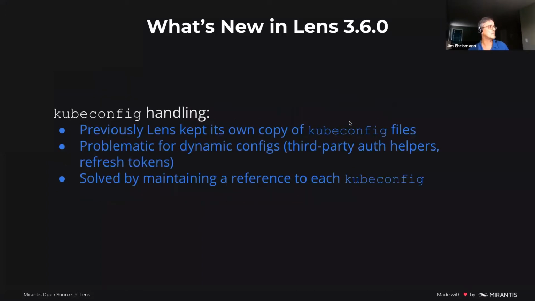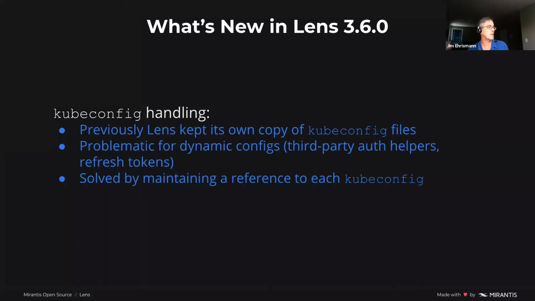So about the kubeconfig handling, previously Lens kept its own copy of kubeconfig files, but this proved problematic because some kubeconfig files are generated by third-party auth helpers, and some require that tokens be refreshed occasionally or even reissued. This means that the kubeconfigs are dynamic, and if Lens makes a copy, then it's not necessarily going to be notified of the dynamic changes.